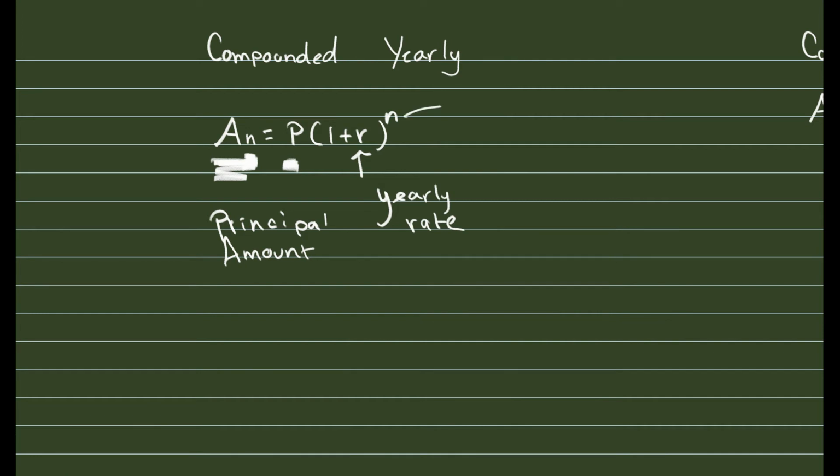This amount is growing, and n is the number of years: after 1 year, after 2 years, after 3 years, and so on.